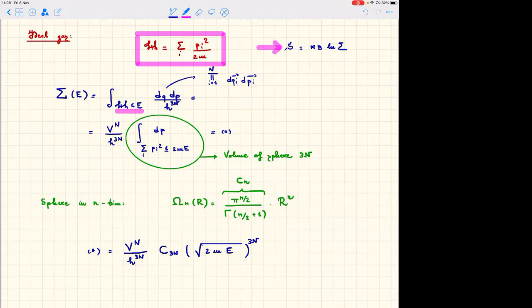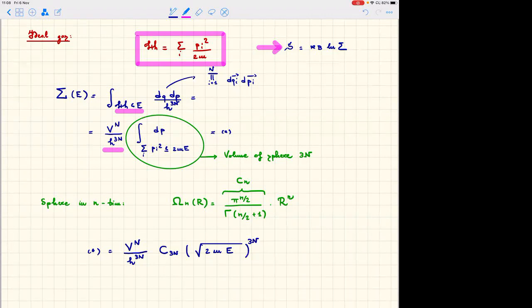Now, since the Hamiltonian contains only p, it's evident that the integral over q can be done. It gives us a volume to the power N, where N is the total number of particles, and therefore we have V to the power N divided by h to the power 3N.